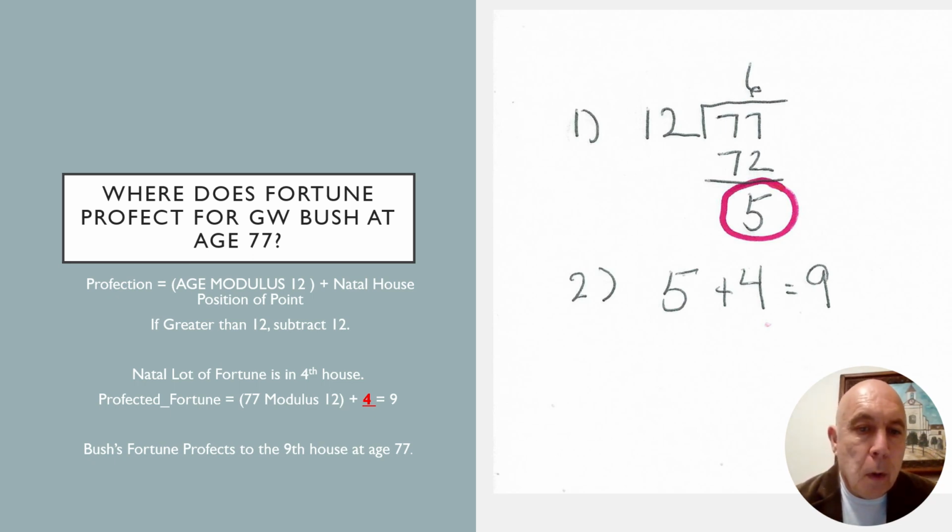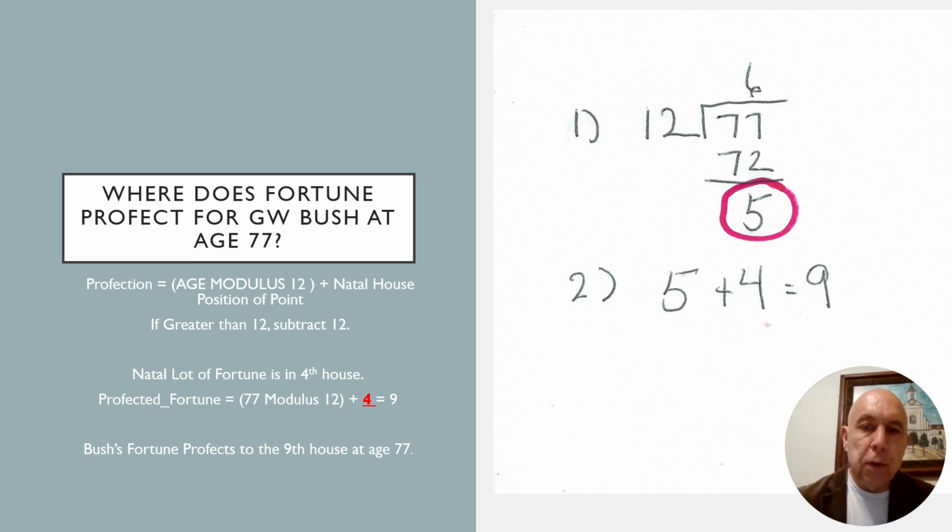Okay. Well, his natal lot of fortune is in the 4th house. And so our formula would be perfected fortune equals 77 modulus 12, and then we'll add 4 to it.